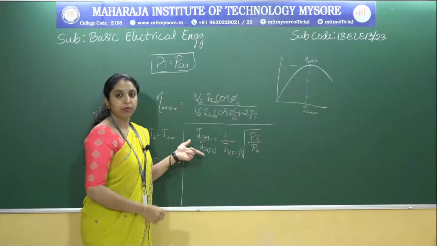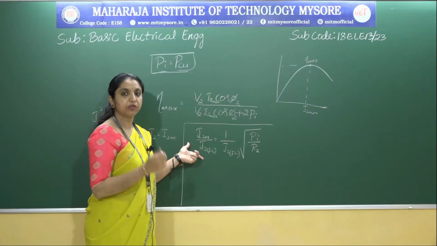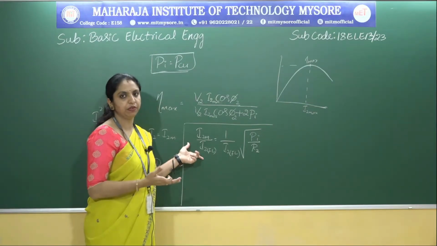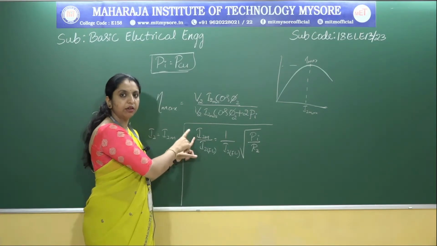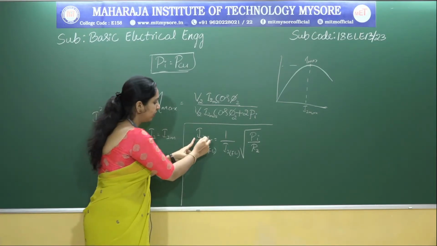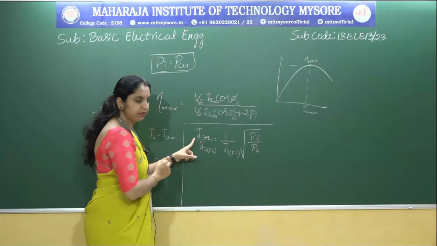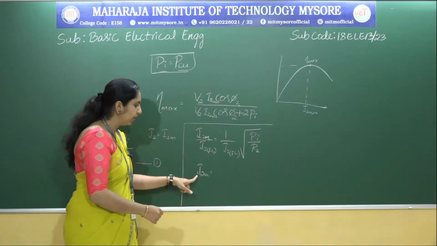Remember, we are deriving the expression of the load current at maximum efficiency. I2M is the load current at maximum efficiency, so that is why we have represented this as M.